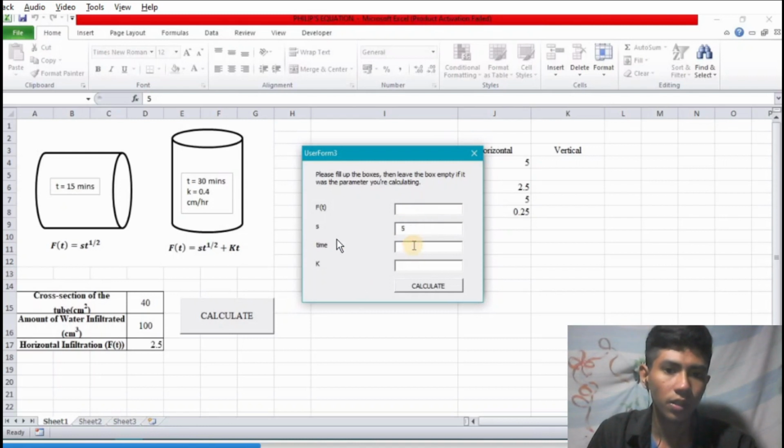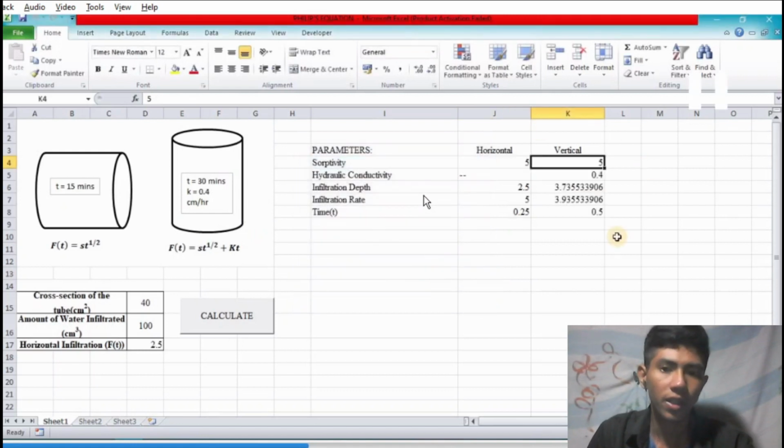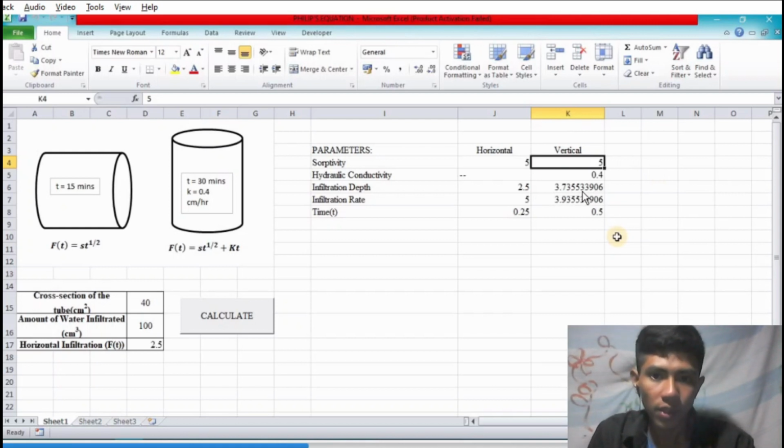Sorptivity 5. Time is 30 minutes, so 0.5 hours. And K is 0.4 centimeter per hour. Calculate. And we get the infiltration depth, or capital letter F of T, 3.7355906 centimeter.